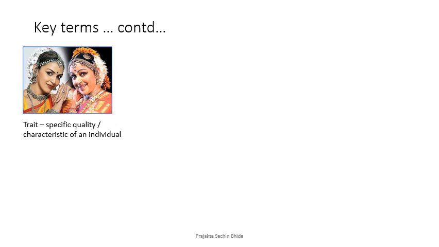A trait is a very specific quality or characteristic of an individual. Remember, these traits, we will talk about further also. These traits can be inherited. Certain features in the facial looks can be inherited from parents, like in this case, whereas some traits can be acquired over a period of time.